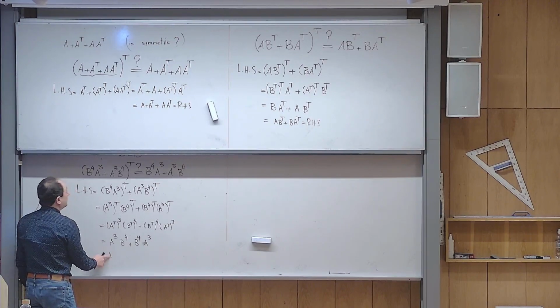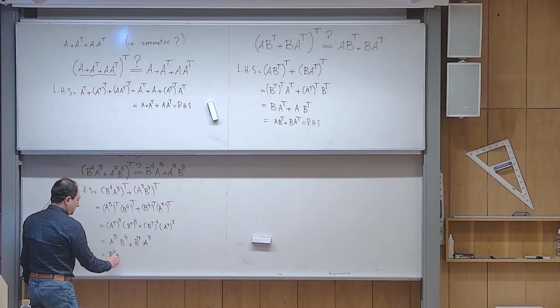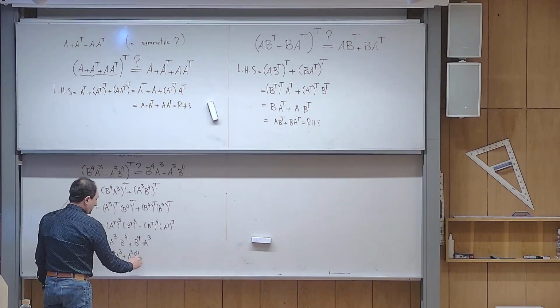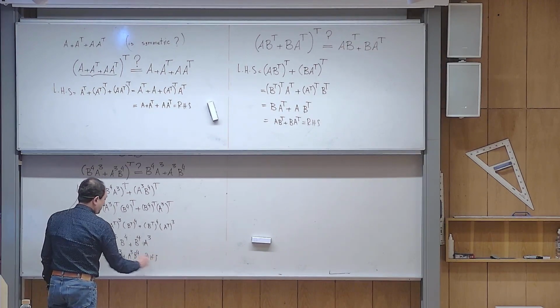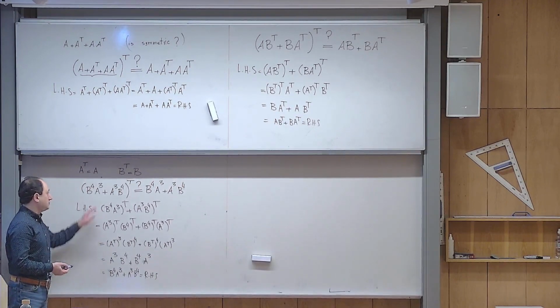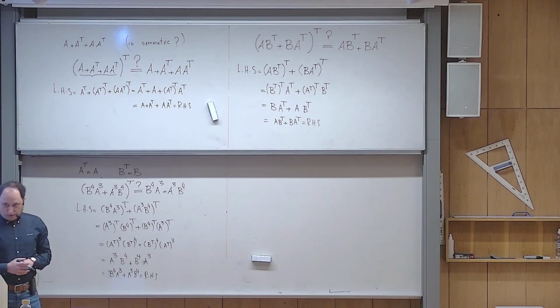Yes, I need to change. So this becomes B to the power of 4, A to the power of 3, plus A to the third, B to the fourth, and that is equal to the right-hand side. Yes. So these kinds of exercises are a good way to work with theorems and to be able to remember them.